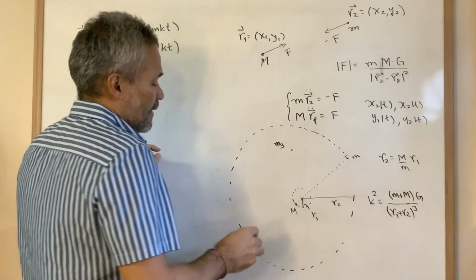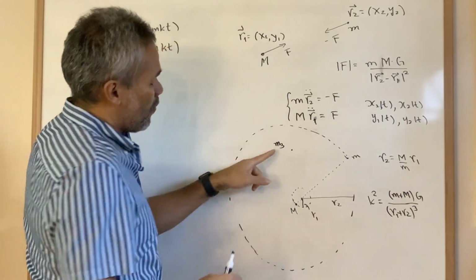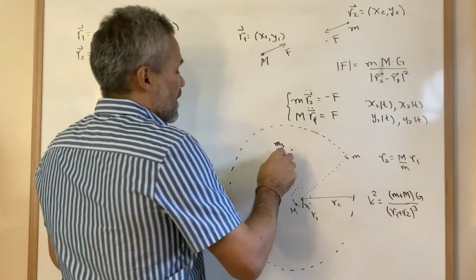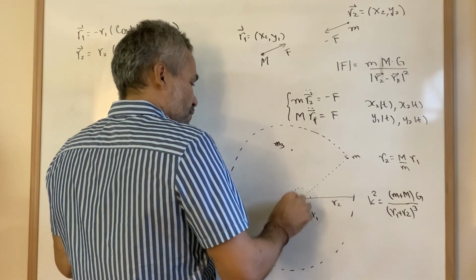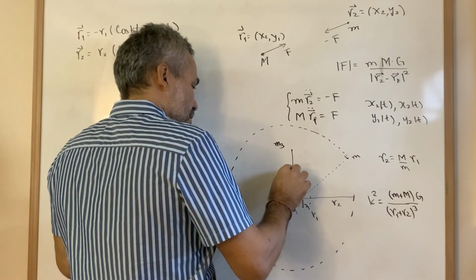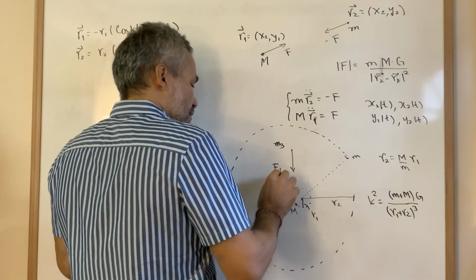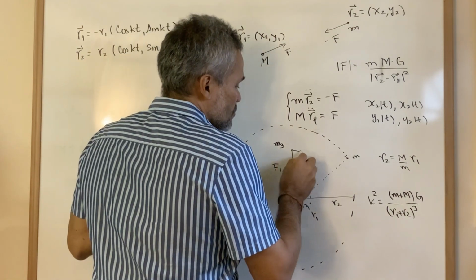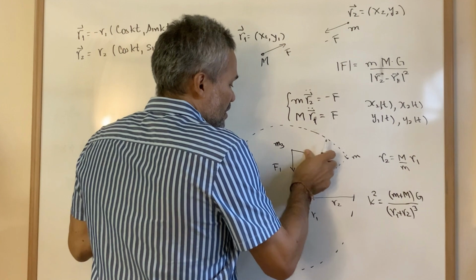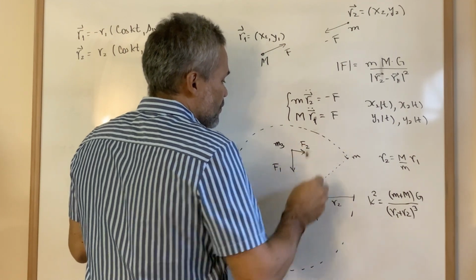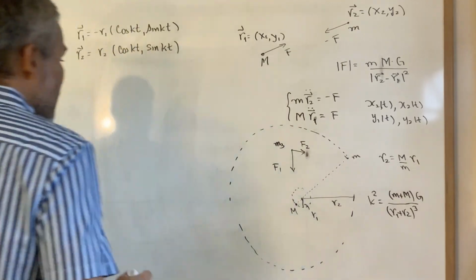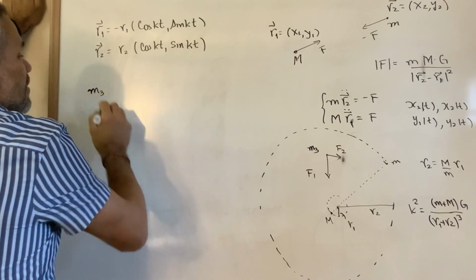And then let's see what is the equation for this body with mass m3. We have a force here, F1, and we have another force due to the gravitational force going in that direction, F2. Then m3 times the acceleration.